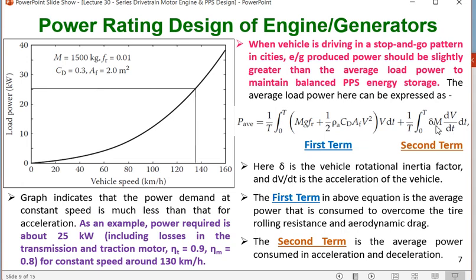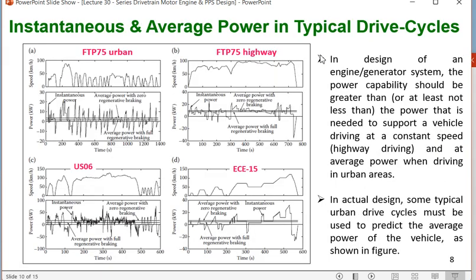Instantaneous and average power in typical drive cycles, you have already seen these drive cycles. Previously it was shown in the case of an IC engine based vehicle. Now in this case it is shown for electric and hybrid vehicles. In the design of an engine generator system, the power capability should be greater than, or at least not less than, the power needed to support a vehicle driving at a constant speed or highway driving, and the average power when driving in urban areas.